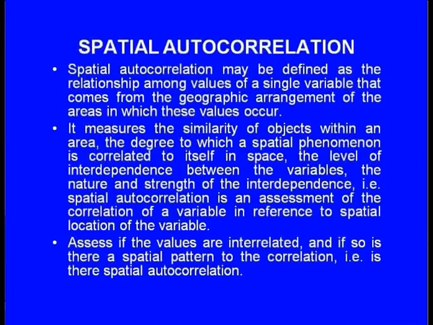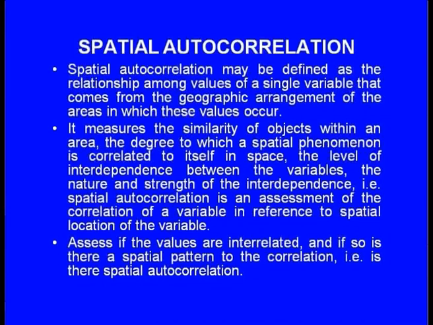The next type of spatial analysis is spatial autocorrelation. Spatial autocorrelation may be defined as the relationship between values of a single variable that comes from the geographic arrangement of the areas in which these values occur.